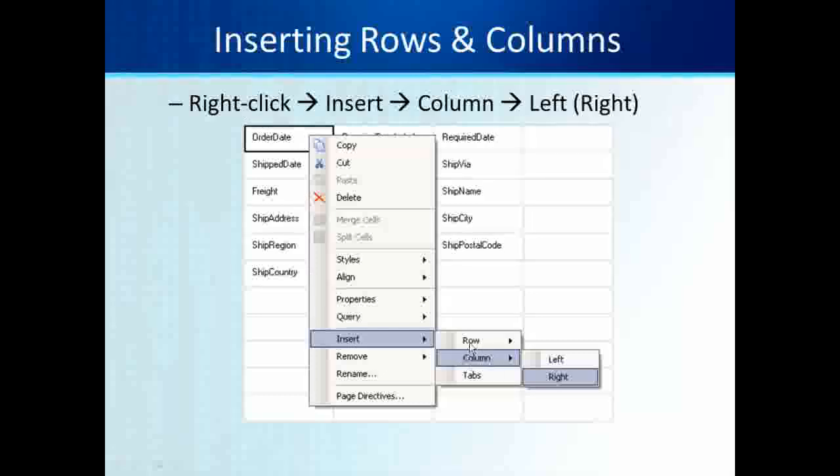Rows, you can go up or down, and columns, you can go right or left. So if you want a column to the right, you just tell it that you want it to the right. If you want it to the left, you just tell it you want it to the left. And then the rows, top or bottom. You want one on top or you want one on the bottom. Very simple.